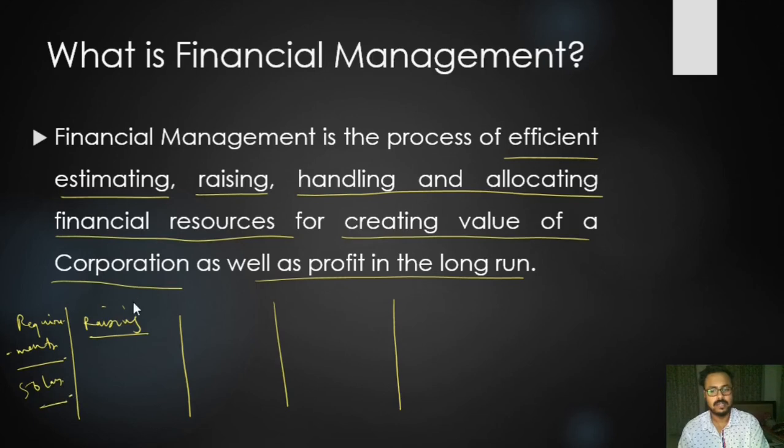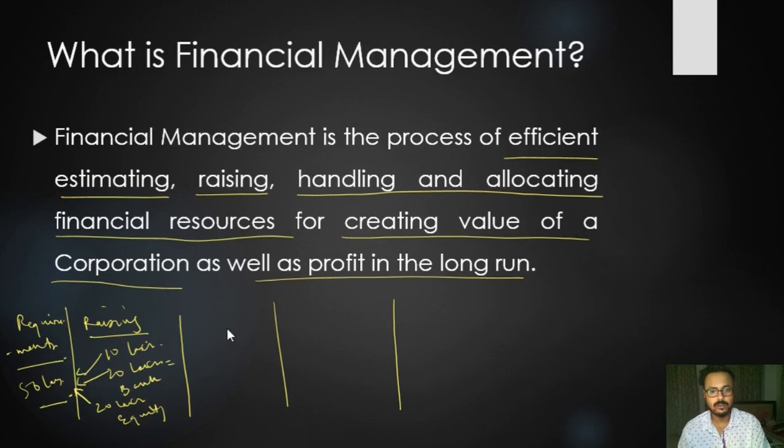We'll raise 50 lakhs, say 10 lakhs from my own pocket, 20 lakhs from the bank, and the remaining 20 lakhs from equity. Here this entire financing is done in a 3-way format.